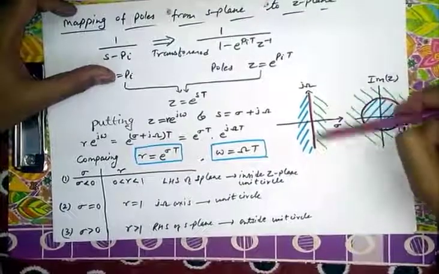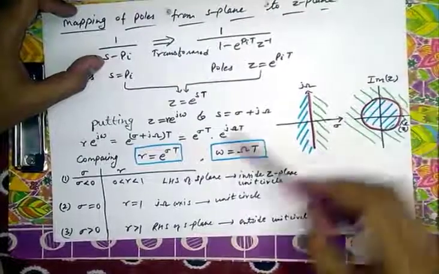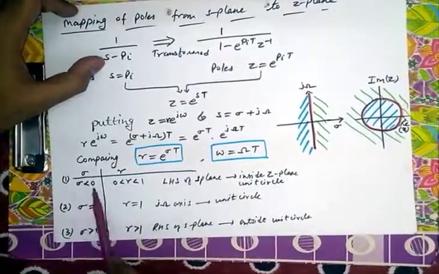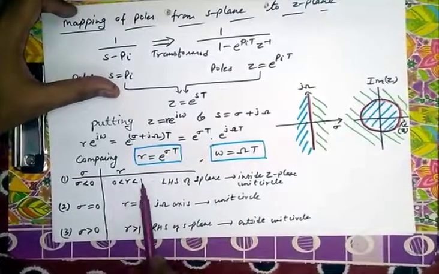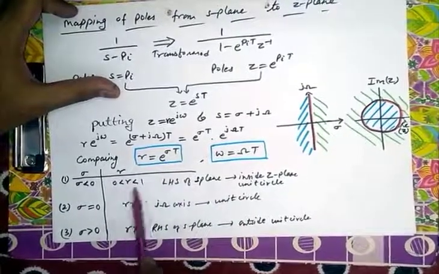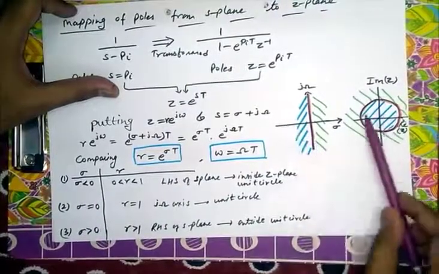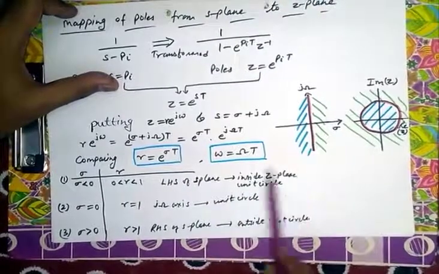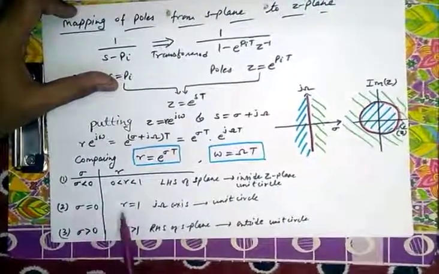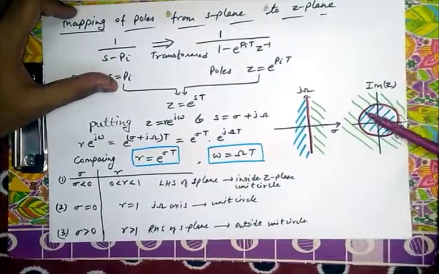So by this formula we can observe that when sigma is negative, then r must be from 0 to less than 1. So when sigma is negative, r is inside the circle. The left hand side of the S plane is inside the unit circle. If sigma is equal to 0, then r equal to 1. It means at sigma equal to 0, all the points are mapped on the unit circle boundary.